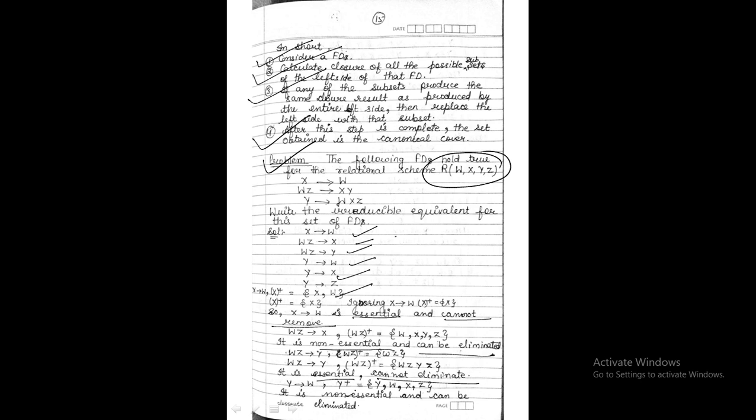Y implies W: Y's closure is Y, W, X, Y, Z. It is non-essential and can be eliminated. Y implies X: when we find Y's closure, we get Y, Z. It is essential and cannot be eliminated.